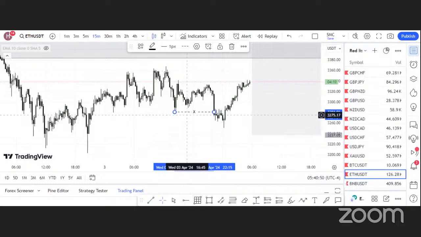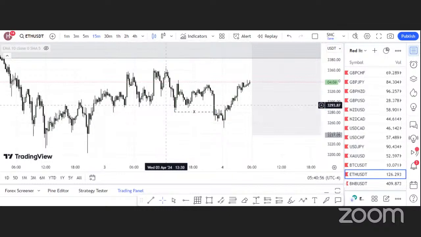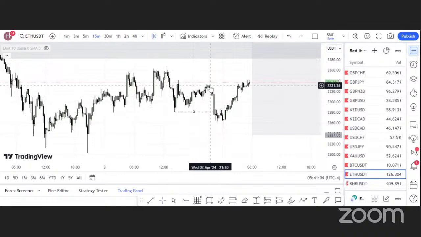So the reason why we have liquidity here is, as you can see from here to this point, we had a bullish move. When the market got to this point, what happened? You see, it broke to the downside instead of giving us another high. Yeah, so that is how we got this.